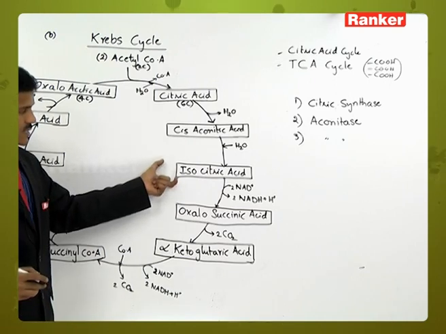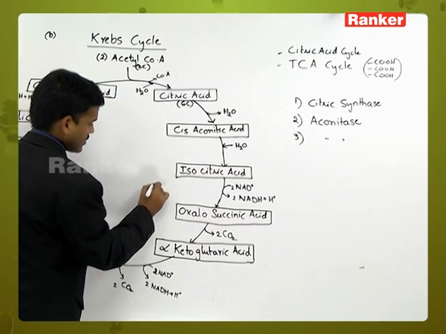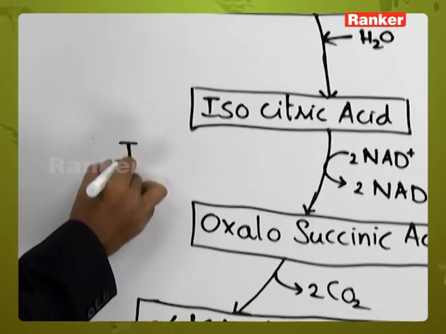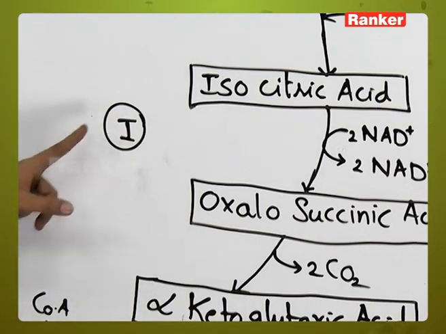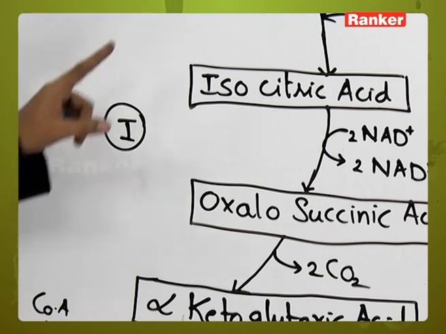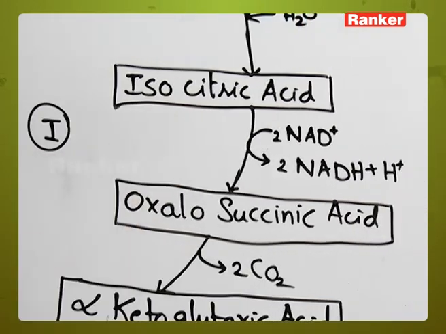And isocitric acid undergoes one oxidation process. In the Krebs cycle, it is the first oxidation. The first oxidation takes place between isocitric acid and oxalosuccinic acid.